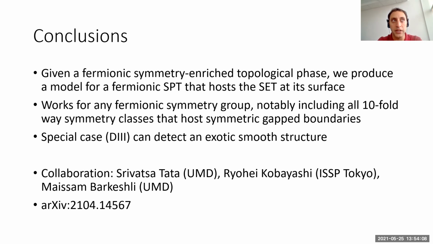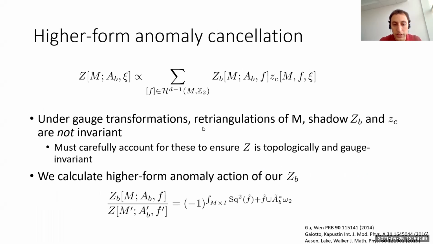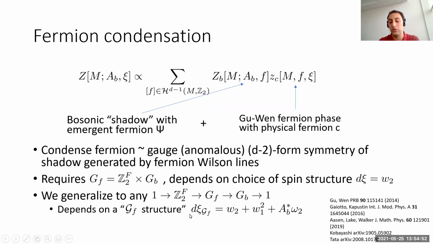Certainly we can look at invertible anomalies, and I guess we can incorporate, for example, if you have a U(1), like a spin-C connection or something like that, or sorry, spin-C structure, that can be incorporated within our formalism, essentially by incorporating it into the G_f structure in this way.